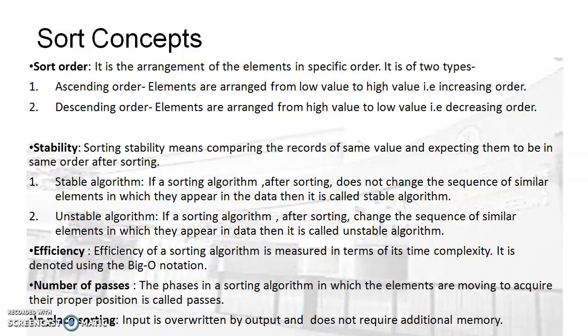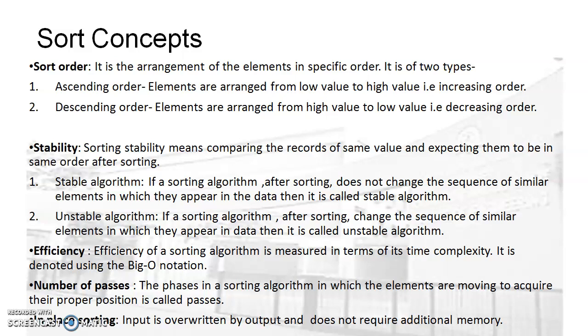There is a concept called stability. Sorting stability means comparing the records of same value and expecting them to be in the same order after sorting. In a stable sorting algorithm, whenever sorting is performed, it will not change the sequence of the similar elements in which they appear in the data.